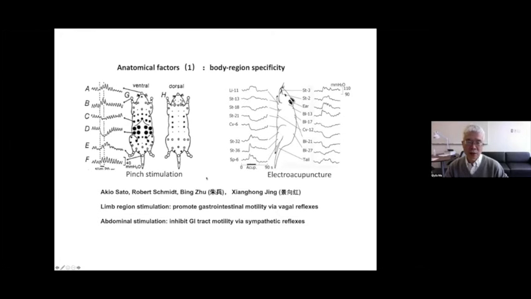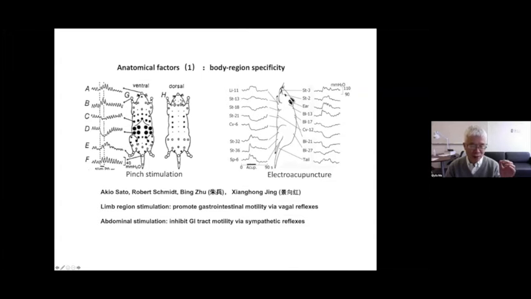They studied gastric motility control at that time. They used a painful pinch stimulation and studied how the pinch would impact gastric motility, and produced what I think is an iconic body map. It's not an acupuncture map, but it shows some flavor. In this map, the dark spot means inhibition of gastric motility, and the open circle means promotion.